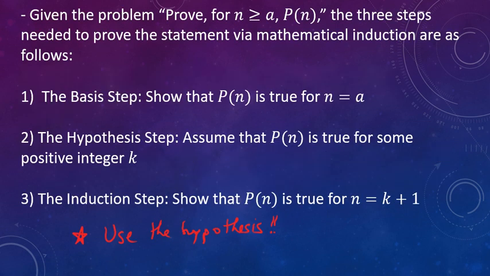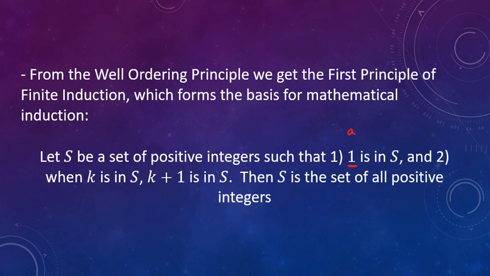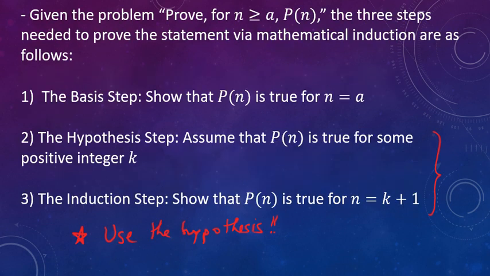Properties number 2 and 3 here, the combination of those is the equivalent of property number 2 in the first principle of finite induction, saying that when k is in S, k plus 1 is in your set capital S. Step number 2 here, the hypothesis step, is the when k is in S part.